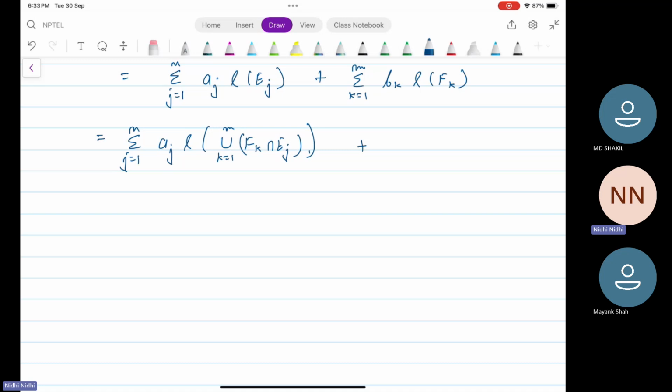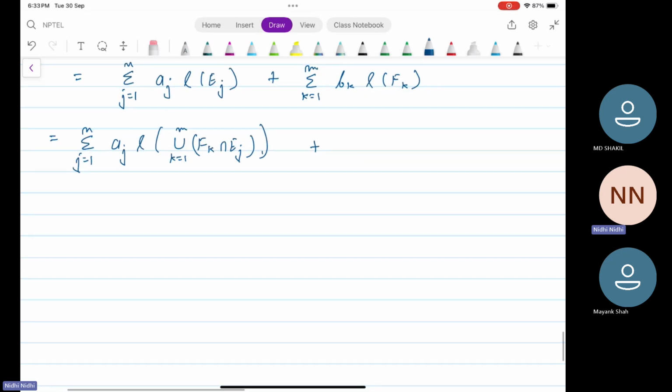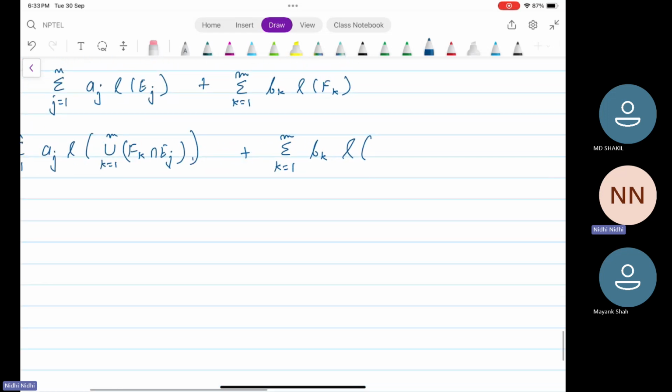Plus similarly for fk, this will be summation k from 1 to m of bk times the length of the union j from 1 to n of ej intersection fk.